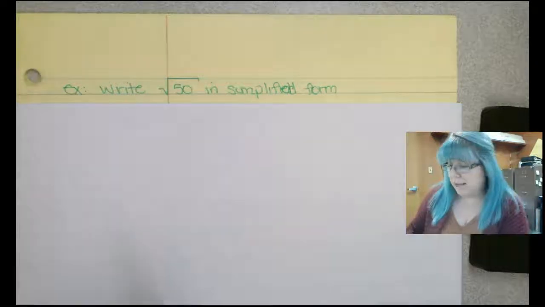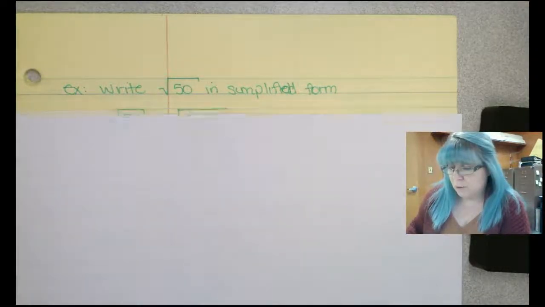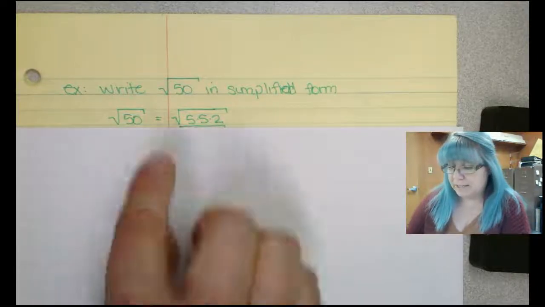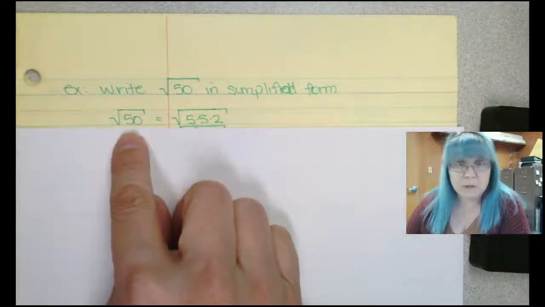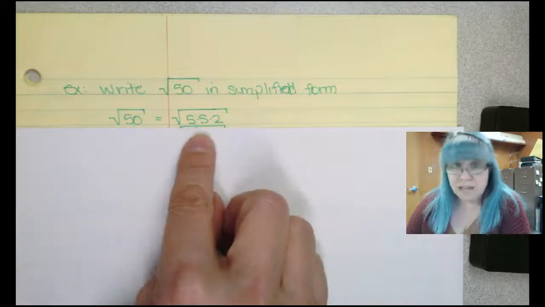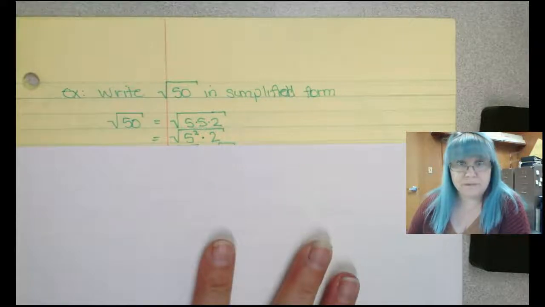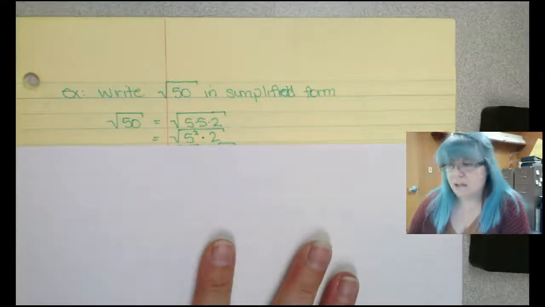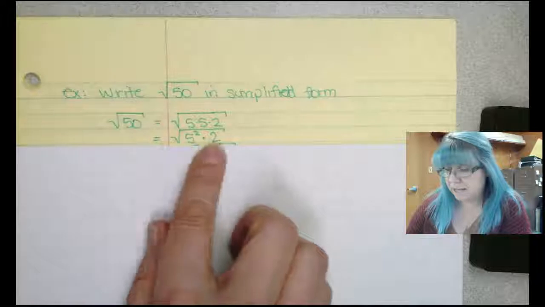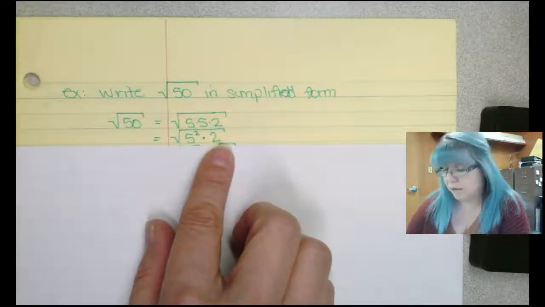All right, so let's write the square root of 50 in simplified form. Well, the first thing I do see is 50 can be written as 5 times 5 times 2. And 5 times 5 can be written as 5 squared. Now I have the ability to break this radical up into two separate radicals.